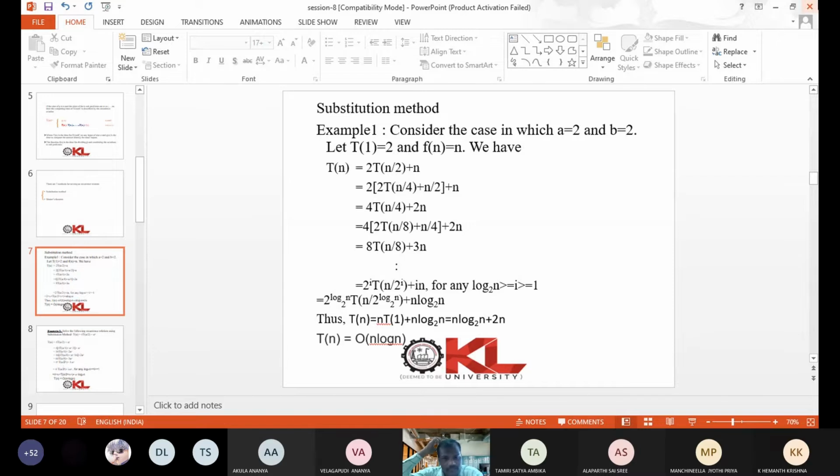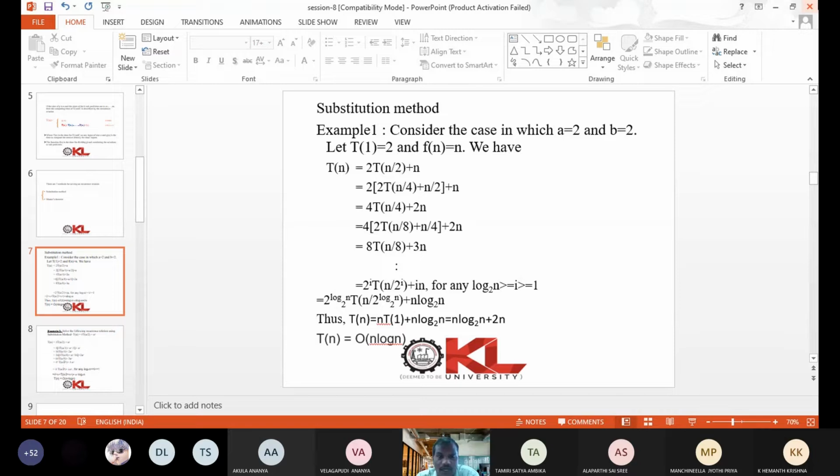First example: all of you note down this example and try to solve it. First we see the substitution method, followed by Master's theorem. Consider the case in which a equals 2, b equals 2, T of 1 is 2 and f of n is n.